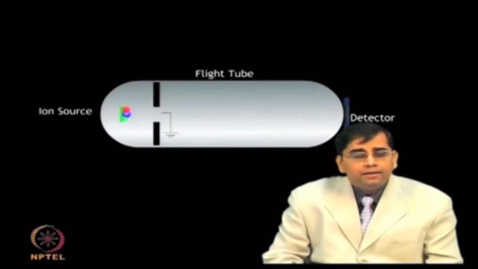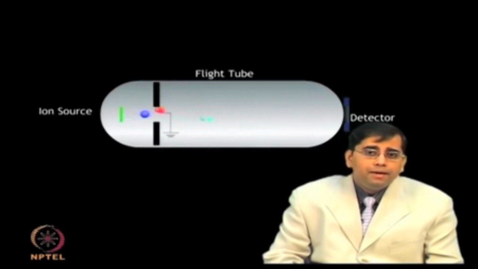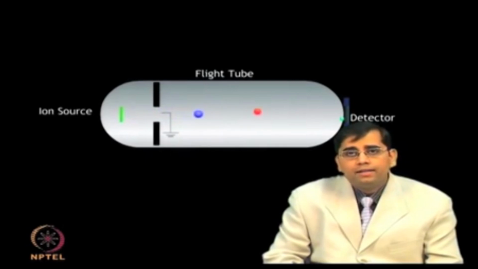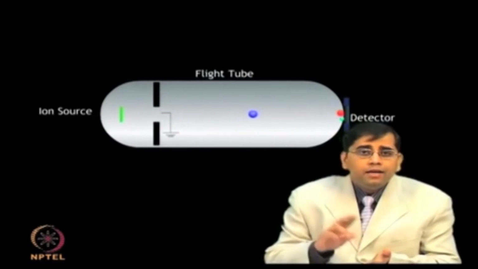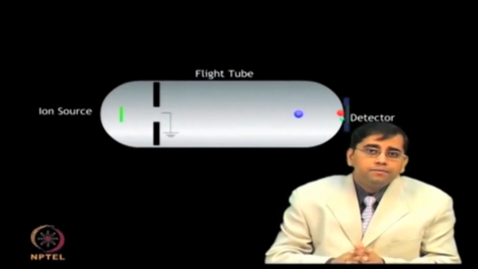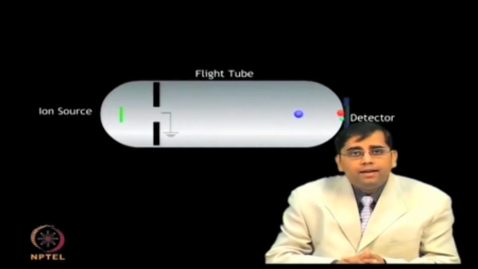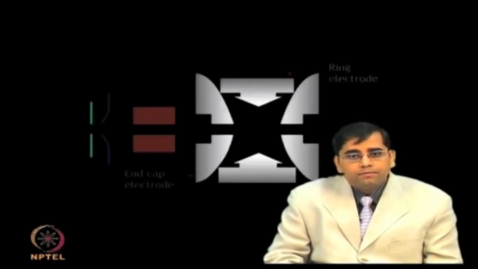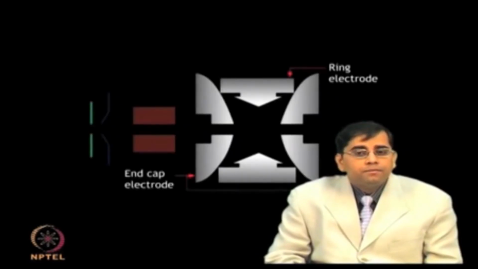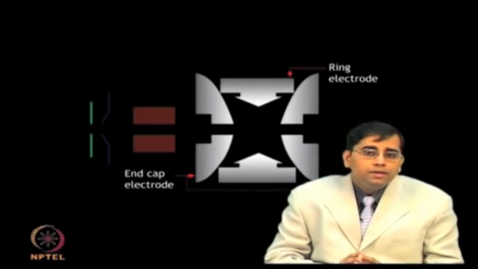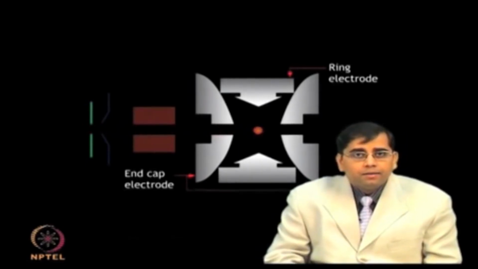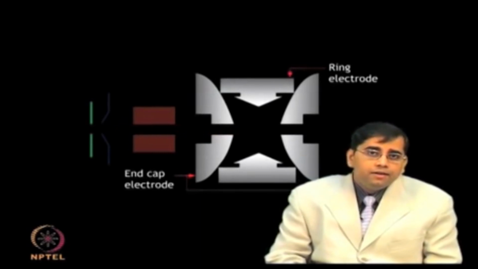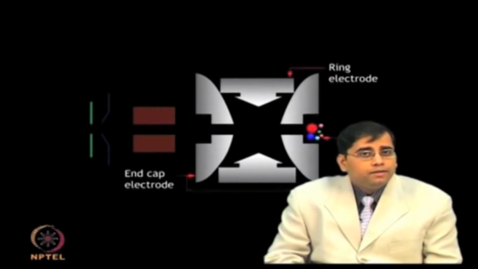The time of flight measures the m/z ratio of ions based on the time it takes for ions to fly in the analyzer and strike the detector. The ion trap traps ions using electrical fields and measures mass by selectively ejecting them to the detector.